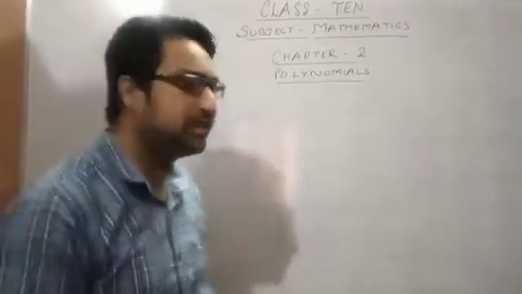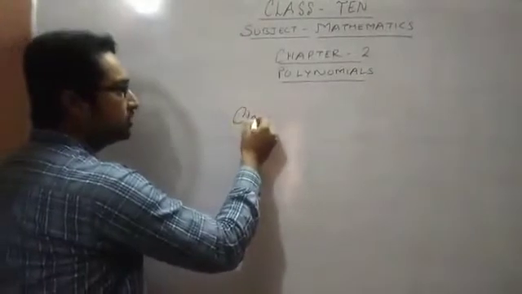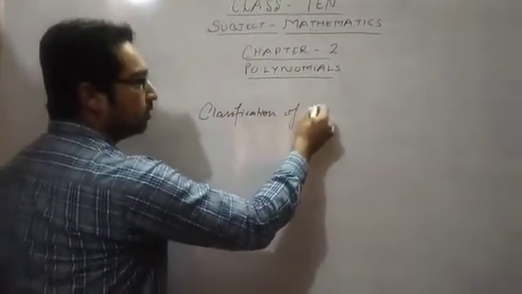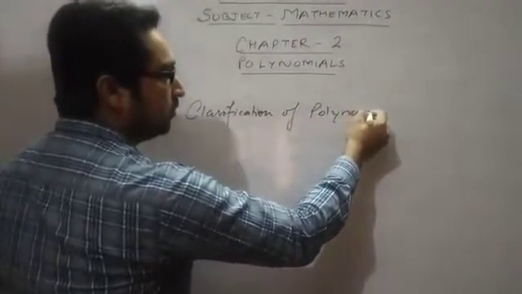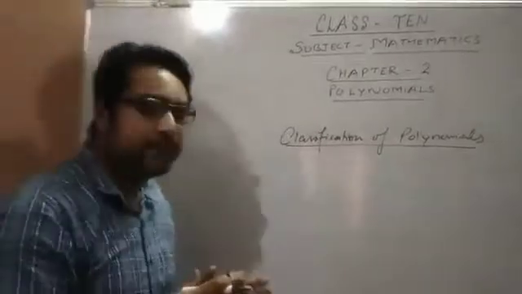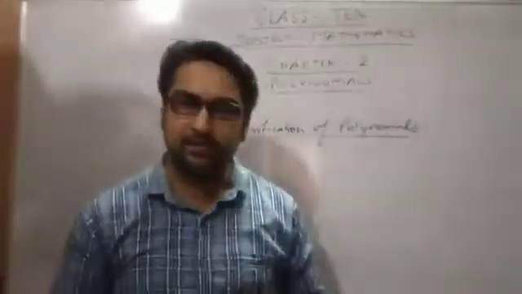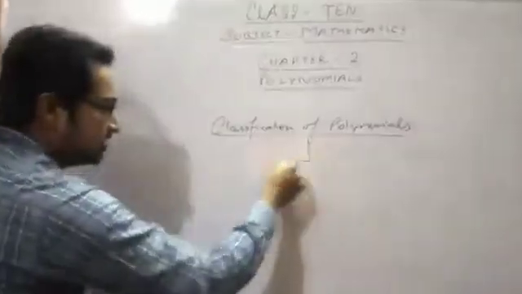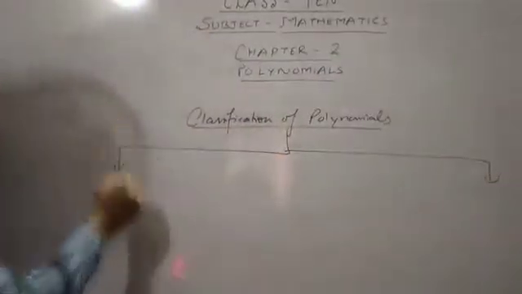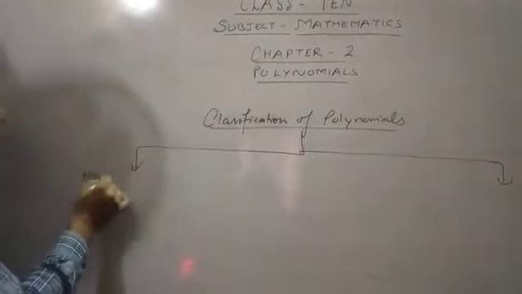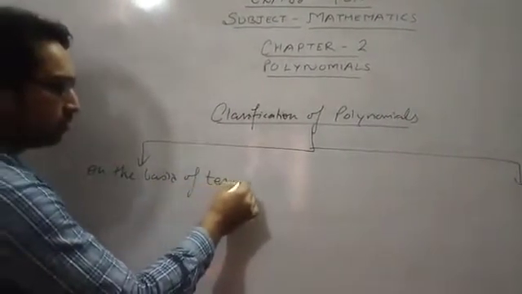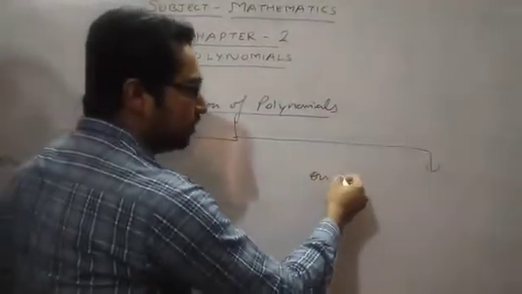Now the next topic is classification of polynomials. Polynomials can be classified on the basis of terms and on the basis of powers. Let us see the classification of polynomials on the basis of terms and on the basis of powers.